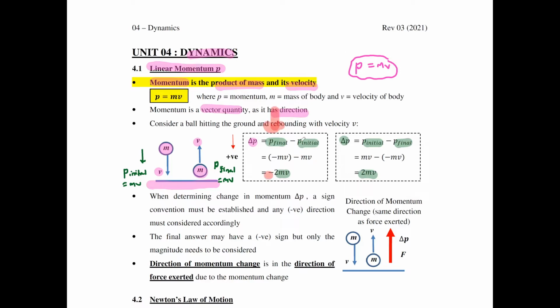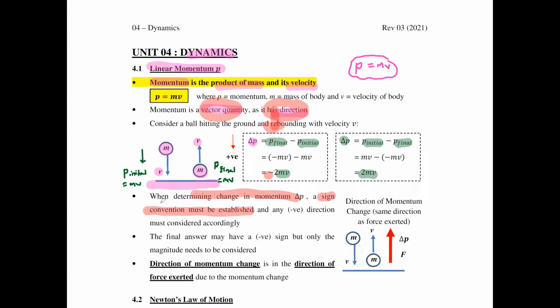If I take final momentum minus initial momentum, before you proceed any further with this, because I said that momentum is a vector quantity, there is a direction associated with it. Whenever you try to do something like addition or subtraction of vectors, you need to establish a sign convention.